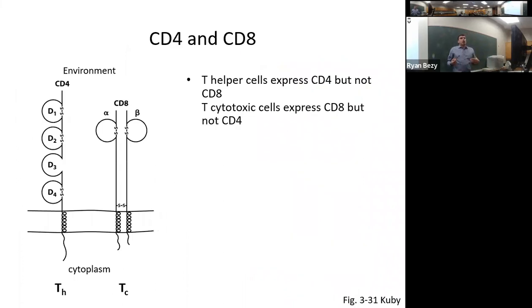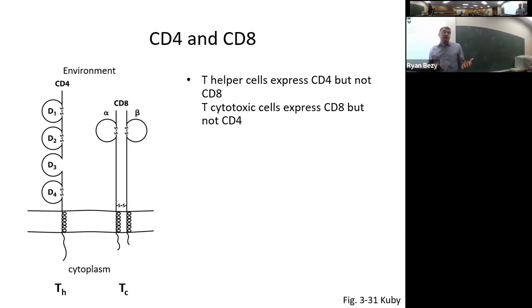Okay. All right. T cell receptor. T helper cells express CD4 but not CD8. T cytotoxic cells express CD8 but not CD4. In either case, CD4 structure looks a little bit like this. CD8 structure looks a little bit like this.